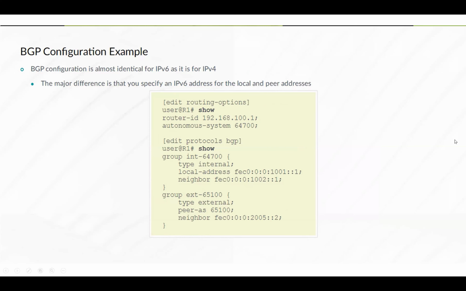And the sample configuration of BGP for IPv6. For BGP, the first option is the same: you have to set the autonomous system number. You have to set the router ID under routing options, and under protocol BGP, you have to define the neighbor address and the local address if it is IBGP, like IPv4.